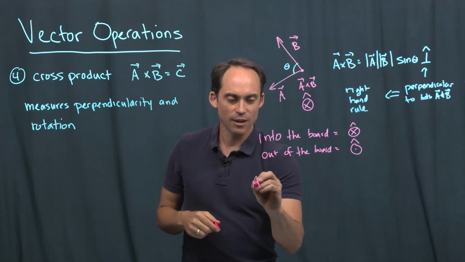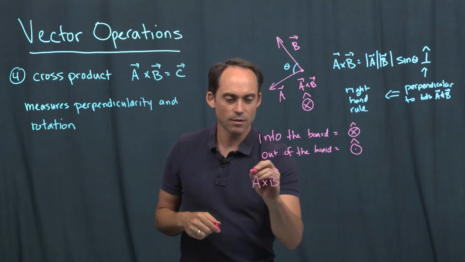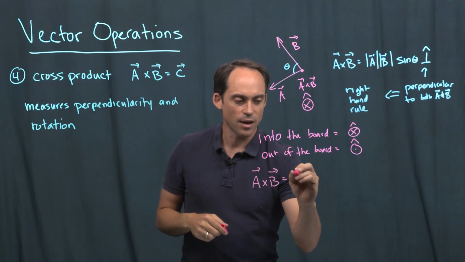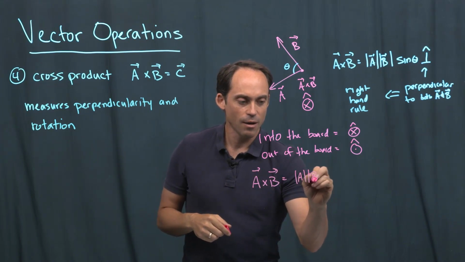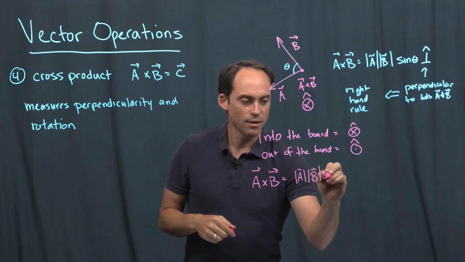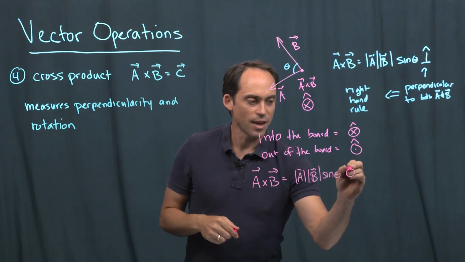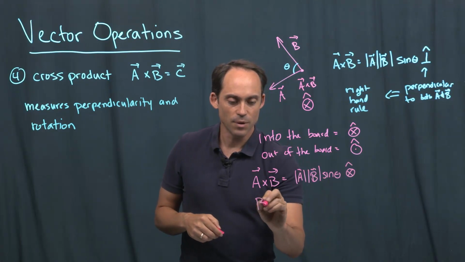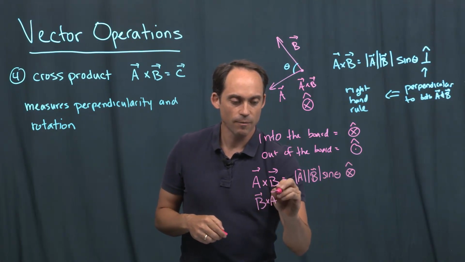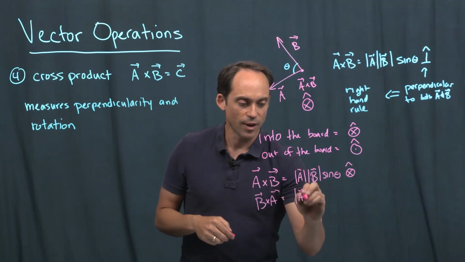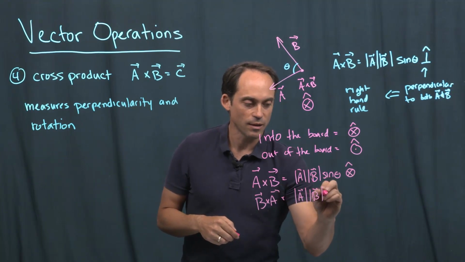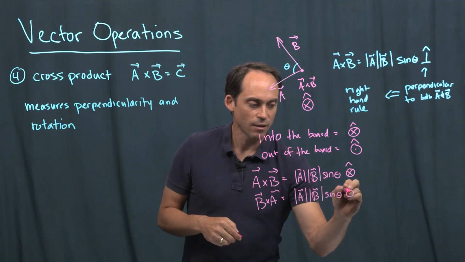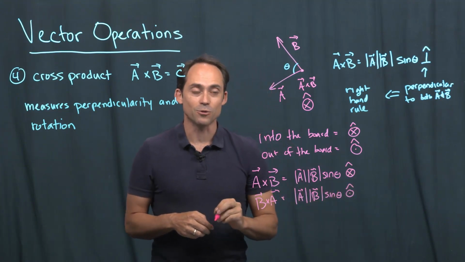And so if A cross B is the magnitude of A, the magnitude of B, sine theta, into the board, B cross A is magnitude of A, magnitude of B, sine theta out of the board, in the opposite direction.